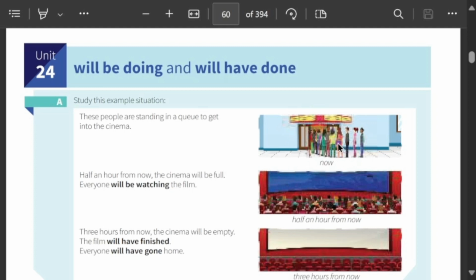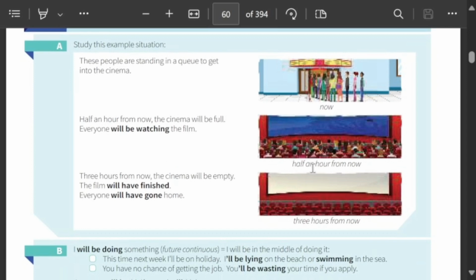Right now, those people are standing in a queue to get into the cinema. Okay? You see, right now in the present, they are doing that. So we use present continuous, you see? Are standing. Now, half an hour from now, this means 30 minutes after now, the cinema will be full.